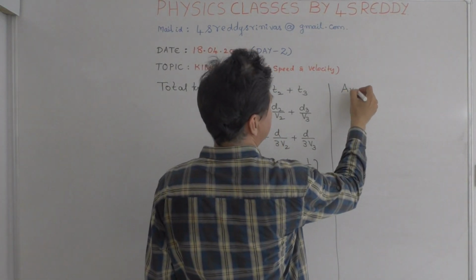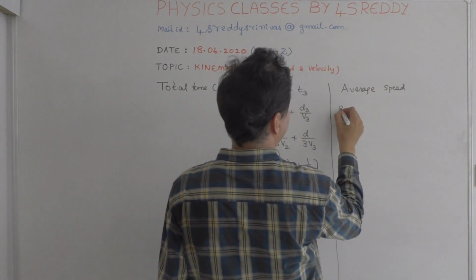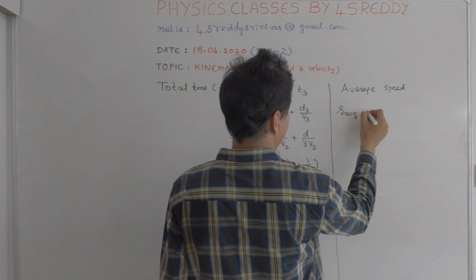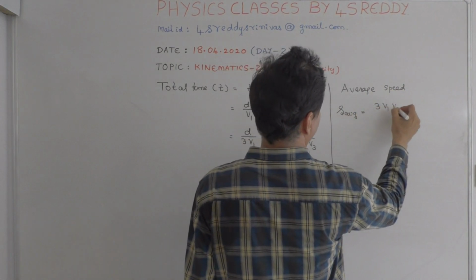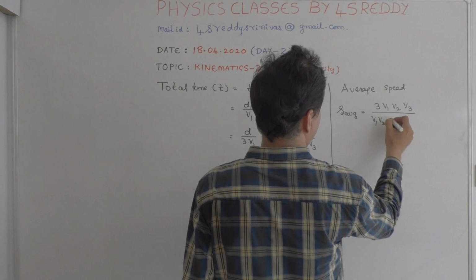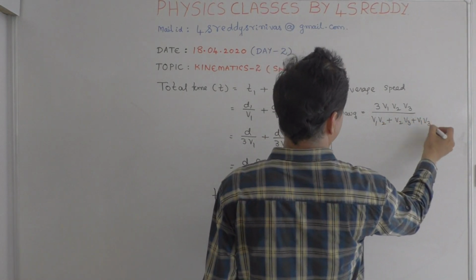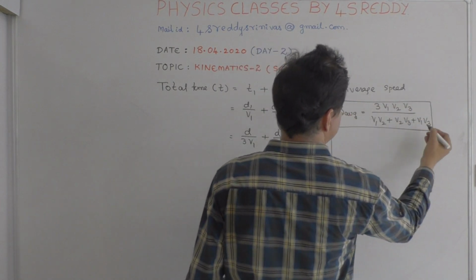Therefore, the average speed is given by 3 v1 v2 v3 by (v1 v2 plus v2 v3 plus v1 v3). This is the formula.